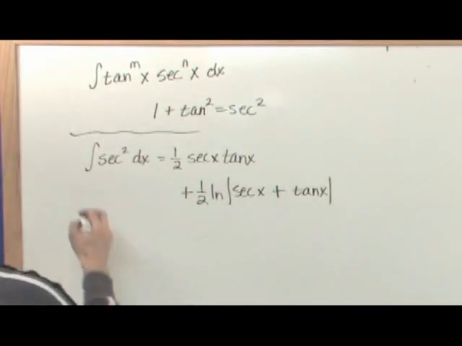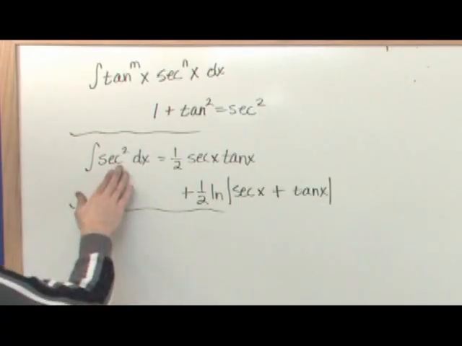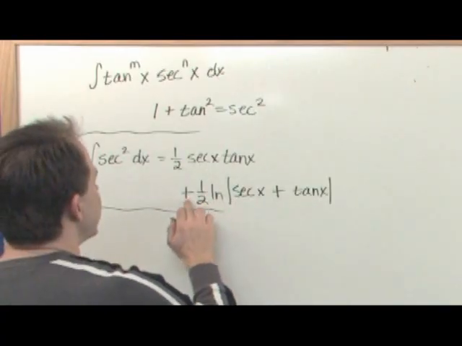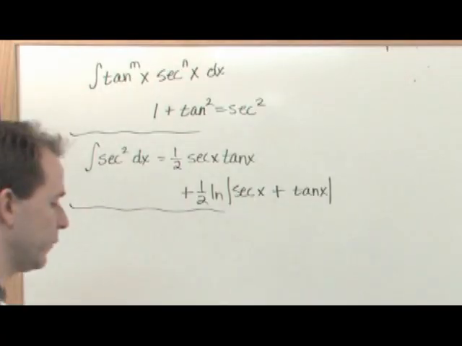This is a useful integral. Most of the books have this as one of those useful integrals, and if you can remember it on your test, that's really useful. So the integral of secant cubed is 1/2 secant tangent plus 1/2 natural log of secant plus tangent. Without any further ado, let's work some problems. I think you'll get the hang of these once we do that.